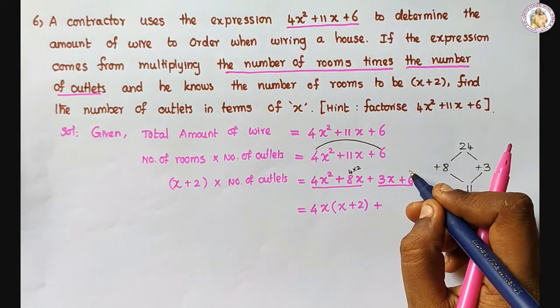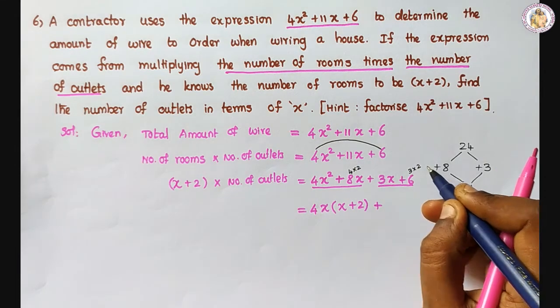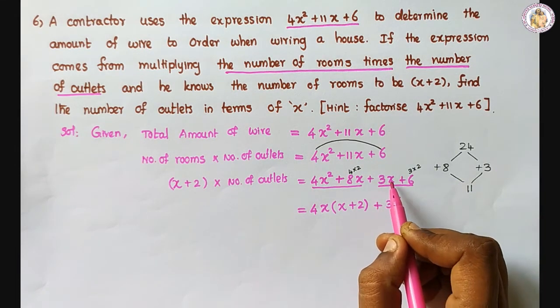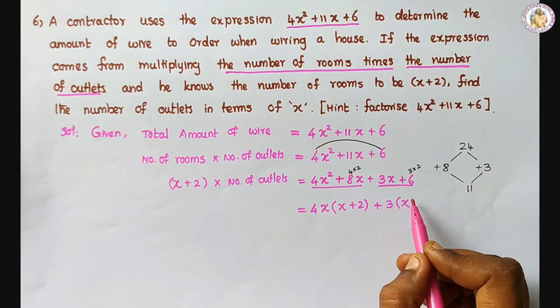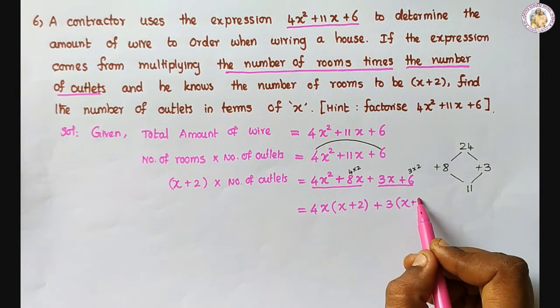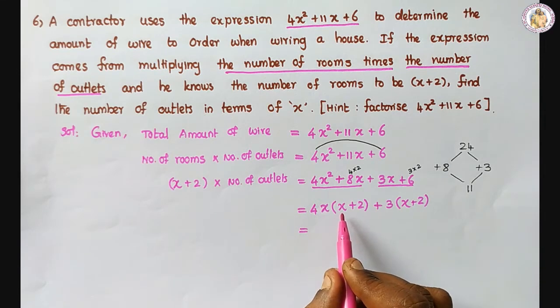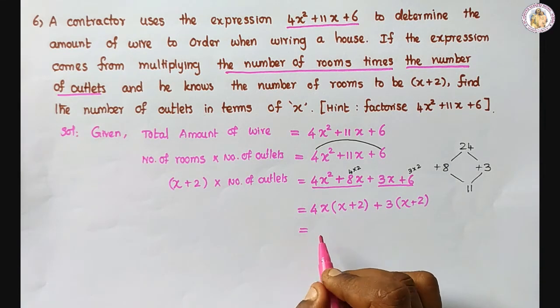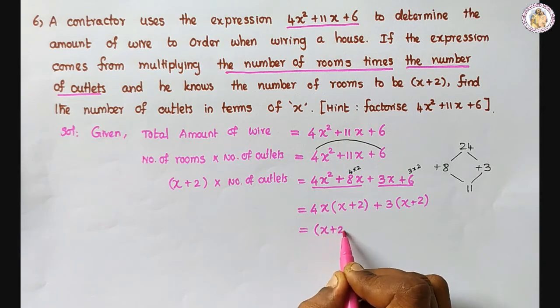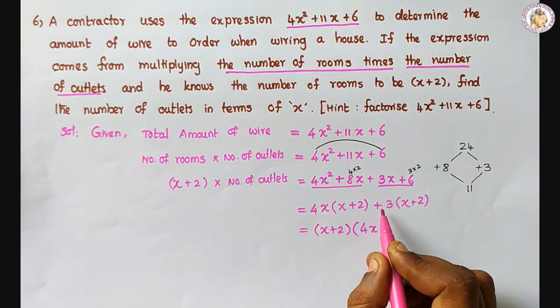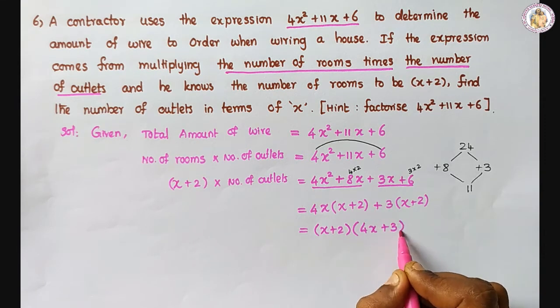Here 6 can be written as 3 into 2, so take out 3 as common. What is remaining here? x plus 2. In both terms x plus 2 is there, so take out x plus 2 as common. What is remaining here? 4x, and here plus 3.